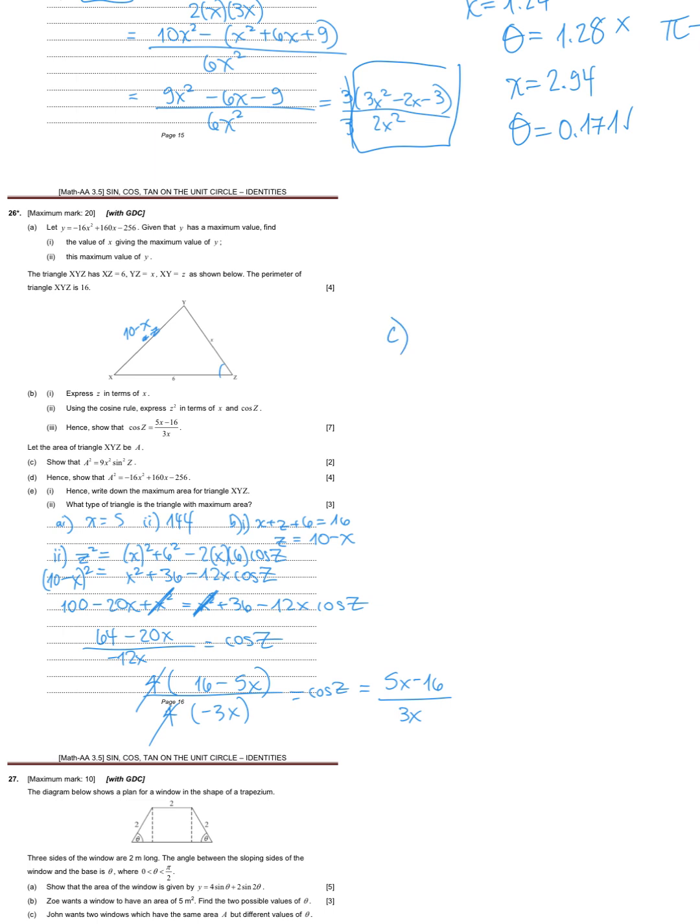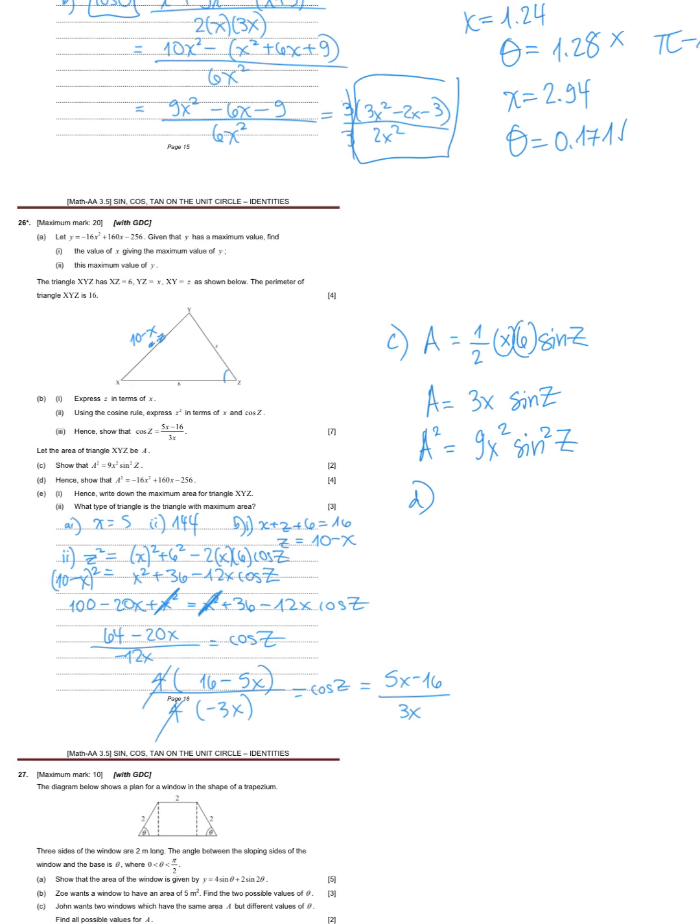So for C, a is 1/2, and we need sine z, so we're using 1/2 ab sine z, and that's 3x sine z, and they just square both sides, so that's 9x squared sine squared z. D, hence show that.